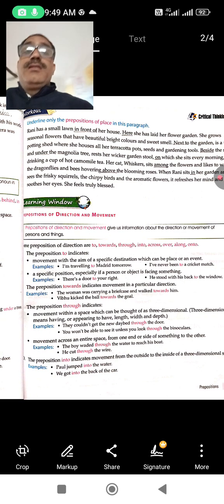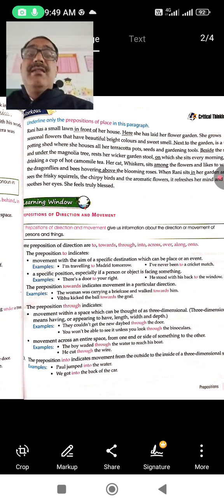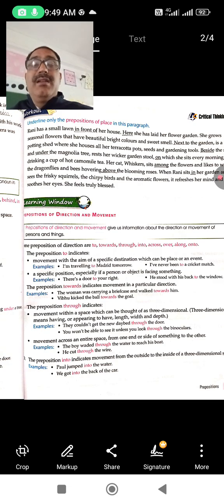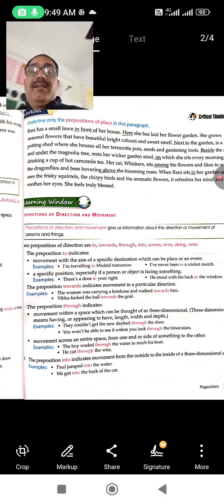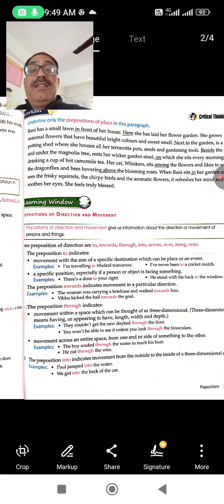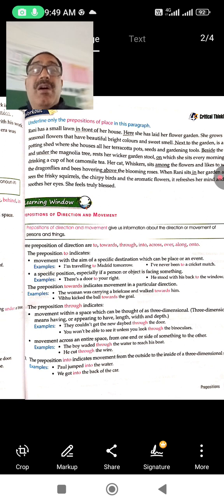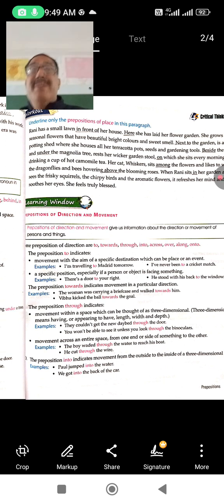From them, you can get the direction and movement of a person or thing. We will read some examples and rules to understand the next steps.